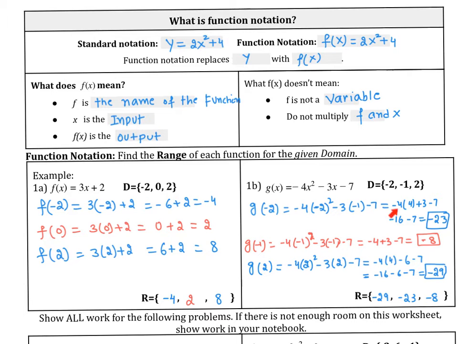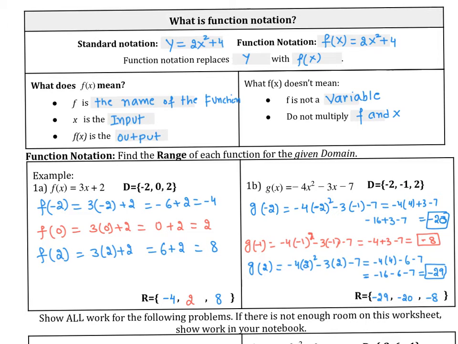Remember, (-2) squared is going to be 4. And negative times negative would be plus 3, minus 7. So -4 times 4 is -16, plus 3, minus 7. When you combine these numbers, you get -20.